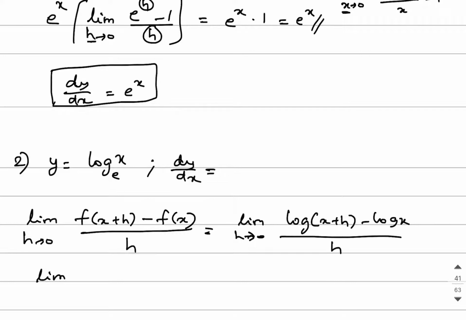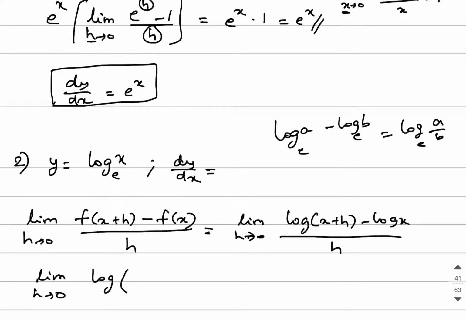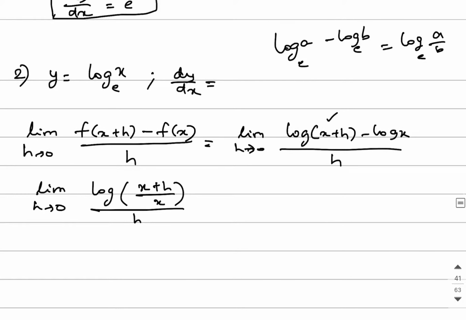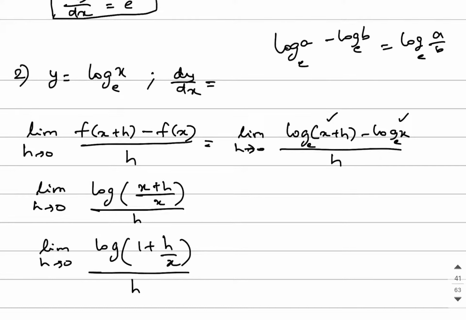We know that log a minus log b, where the bases are the same, is written as log of a by b base e. So this can be written as log of x plus h divided by x the whole divided by h, because this is a, this is b. And remember, I am not writing the base here, but the base is e only. So similarly, limit h tends to 0, we can write this as log of 1 plus h divided by x whole divided by h.